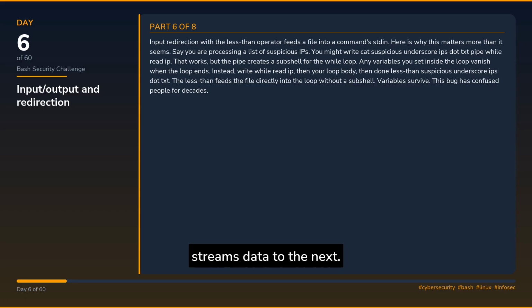Any variables you set inside the loop vanish when the loop ends. Instead, write while read IP, then your loop body, then done < suspicious_ips.txt. The less than feeds the file directly into the loop without a subshell. Variables survive. This bug has confused people for decades.